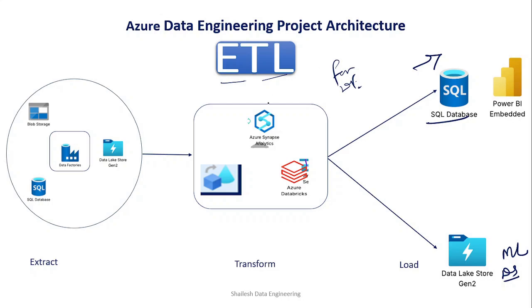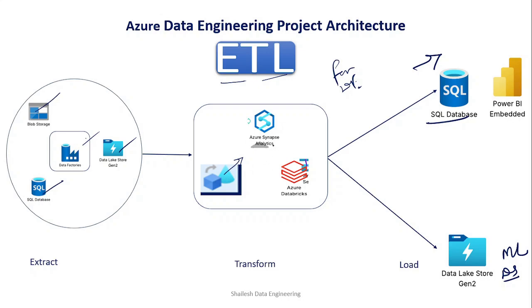So what services are required for this? If you want to understand this particular data engineering project, you need a SQL DB, you need blob storage, you need Datafactory, you need a Datalake Gen 2 account. You may need mapping data flow, or you can use a combination of data flow and Synapse analytics, or data flow and Databricks.